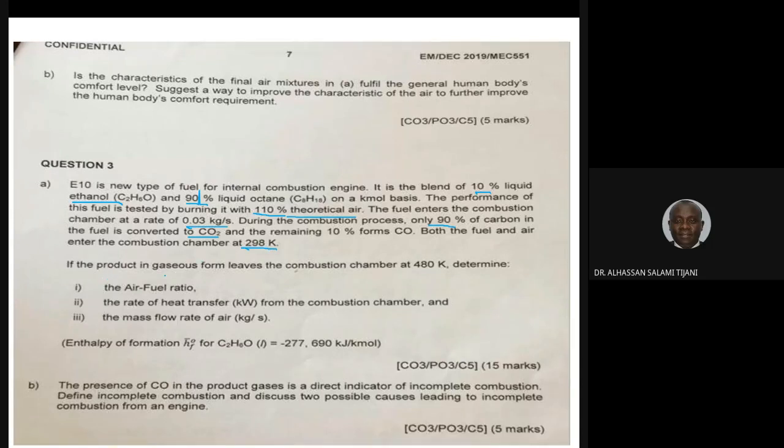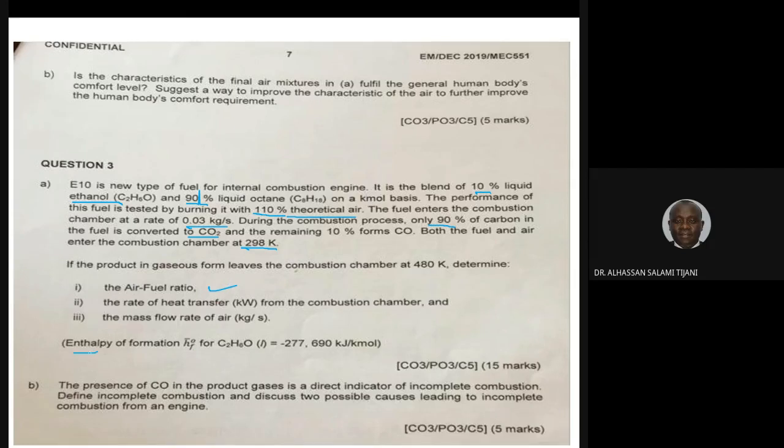Both the fuel and air enter the combustion chamber at 298 Kelvin. If the product in the gaseous form leaves the combustion chamber at 480 Kelvin, determine the air-fuel ratio. First thing we want to determine is the air-fuel ratio, but be careful over here.